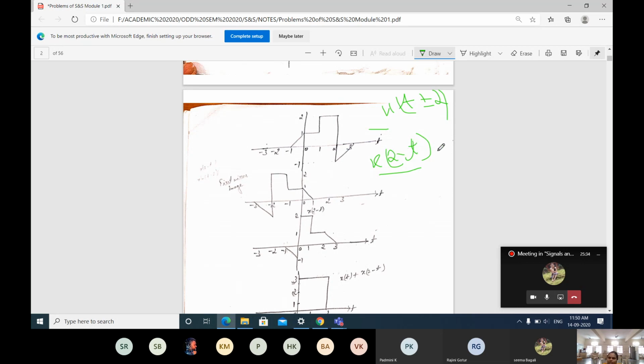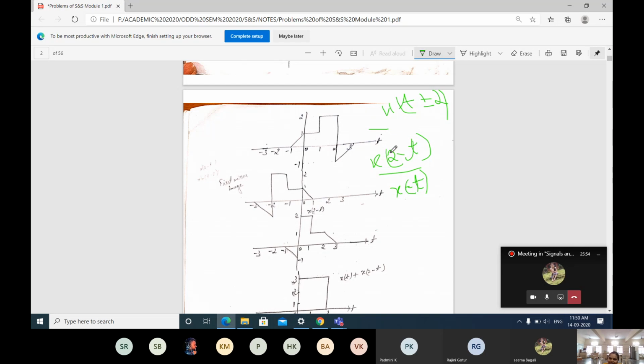When the problem is given like this, first what you have to do: which operation is going on for x of minus t? It's a reflection, right? x of t becomes x of minus t.